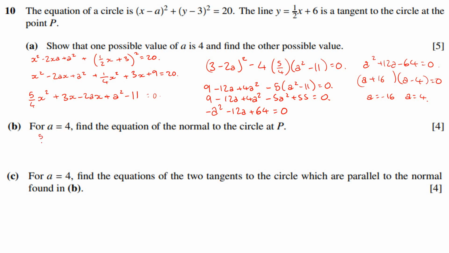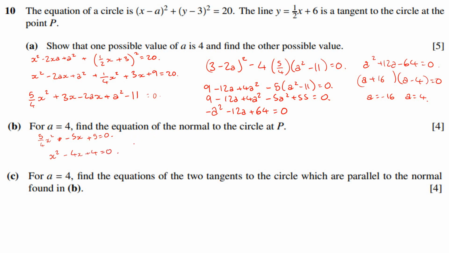So I'm going to end up with 5/4 of x squared plus 3x subtract 8x, so that's going to be subtract 5x. 16 take away 11 is plus 5 equals 0. Multiplying through by 4 and dividing through by 5, cancelling out the 5's, I end up with x squared minus 4x plus 4 equals 0.